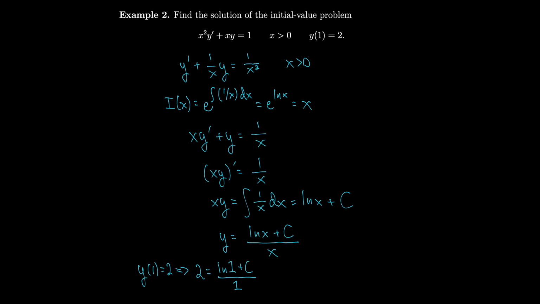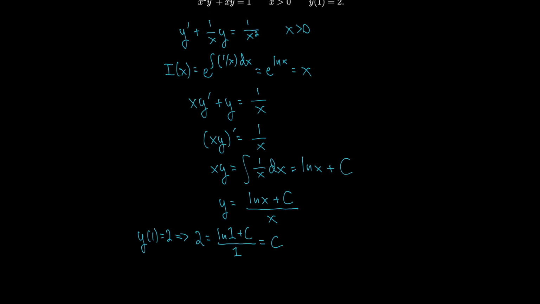So that means this is equal to just c, because ln of 1 is 0. So we get that 2 is equal to c. So that means that we can rewrite this as y equal to ln of x plus 2, because now we know what c is, over x, assuming that y of 1 is equal to 2.